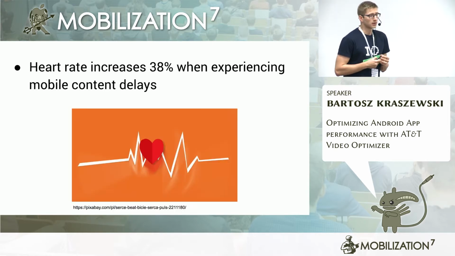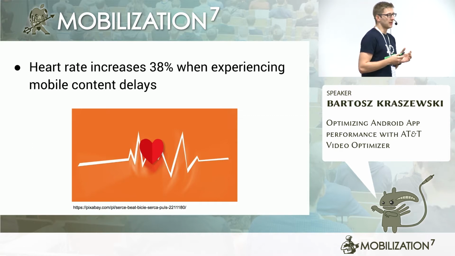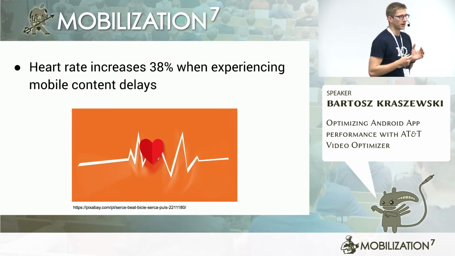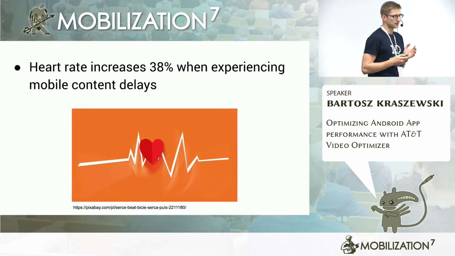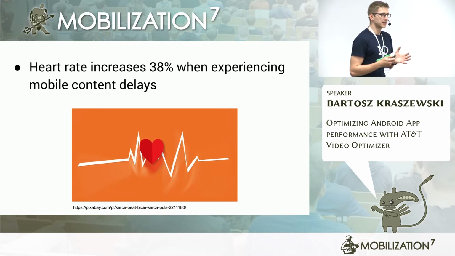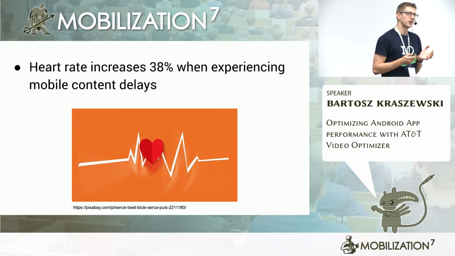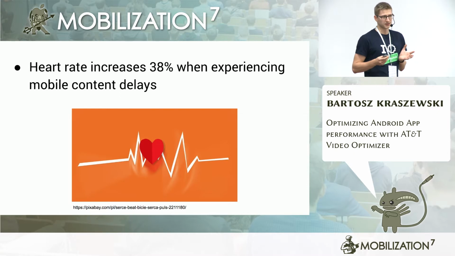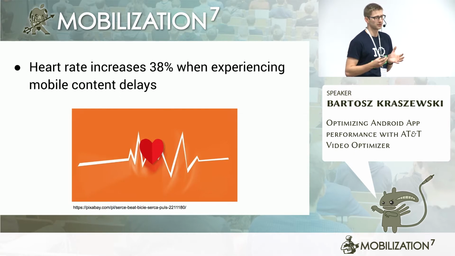For example, based on research, experiencing a mobile content delay actually increases user heart rate by 38%. And increased heart rate is very cool if you are exercising, but during your day-to-day activities, it's not very cool, because it's basically a level of stress.